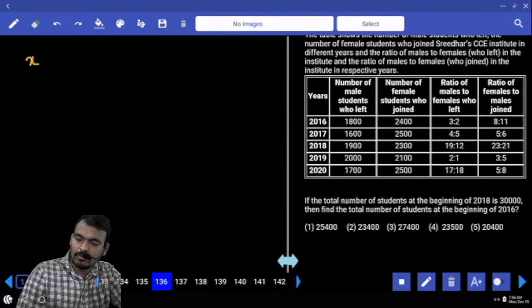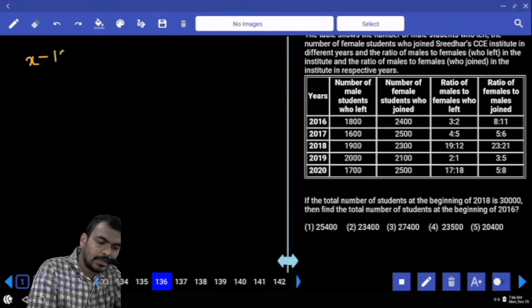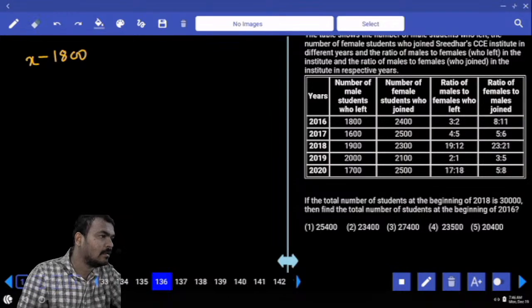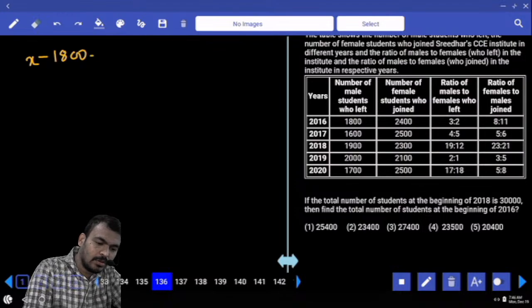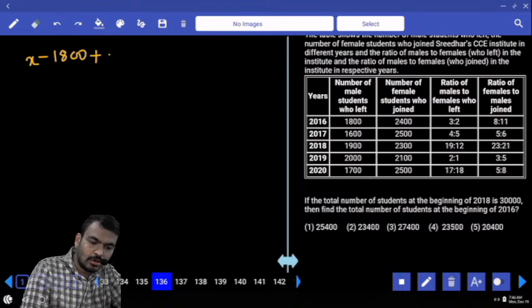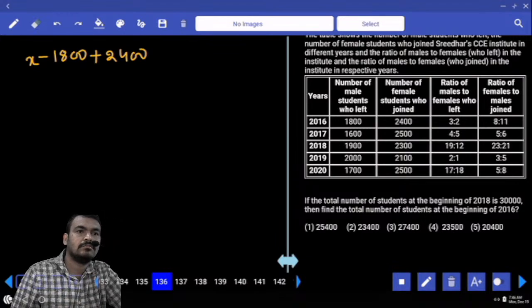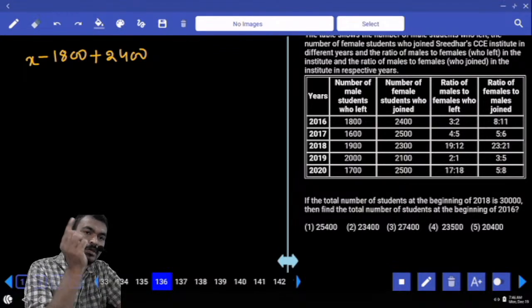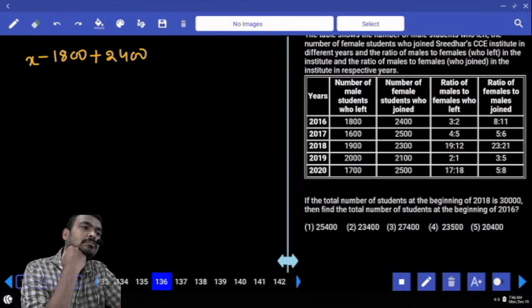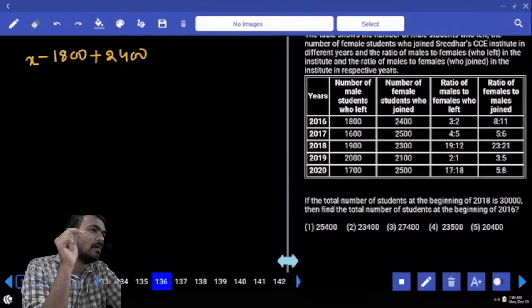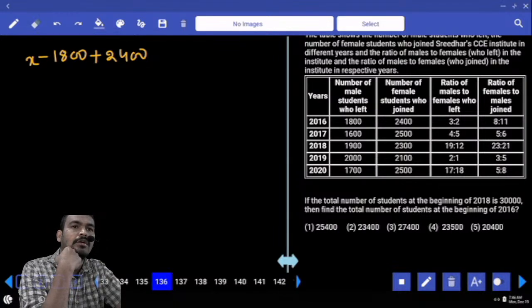Out of X members, how many members are joined? 1800. Yes or no? Again, how many members are joined? 2400. Okay, it is which year ending value? 16 ending value. The same 16 ending value is also equal to which year starting value? 17 starting value.